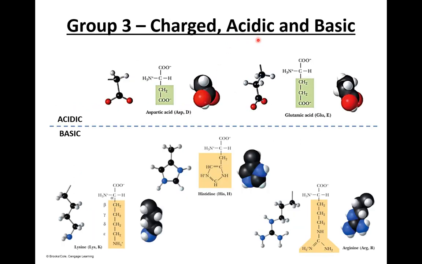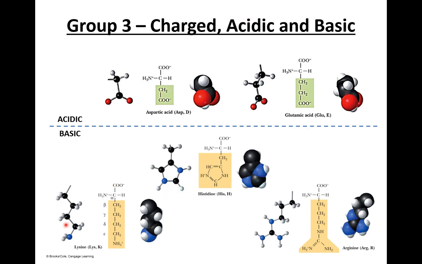Then there are 5 other amino acids which instead can ionize. 2 of them are classified as polar charged acidic, which are aspartic acid and glutamic acid. As you can see, they all have this carboxy group, which, as you know, acts as an acid. It can exist as COOH or lose the proton and therefore exist as COO minus, so it acquires a negative charge, hence charged acidic amino acids.